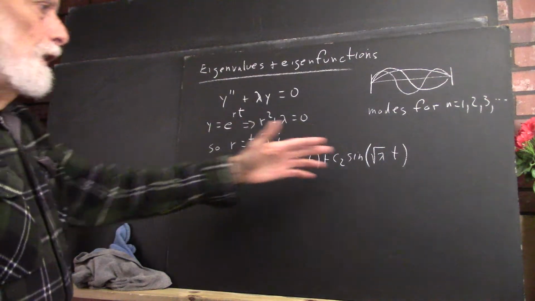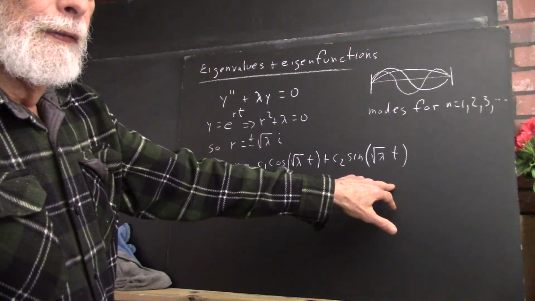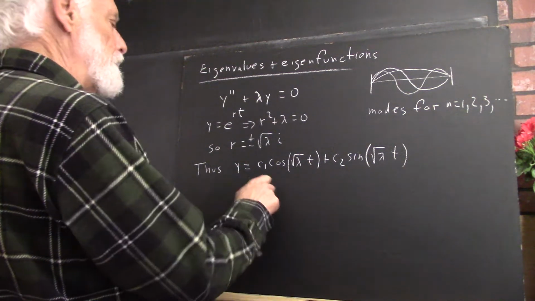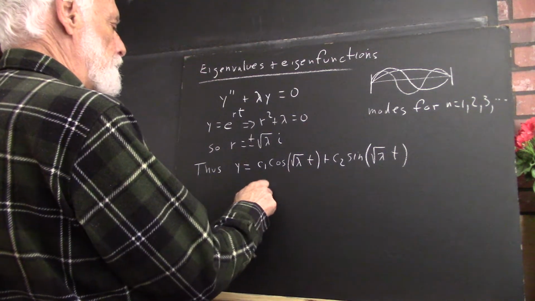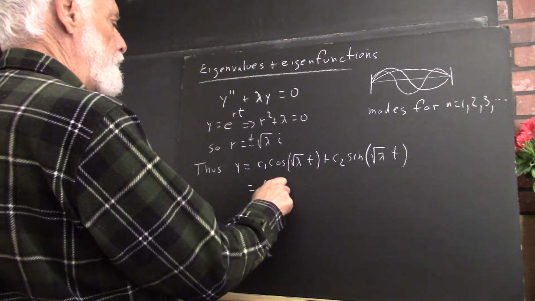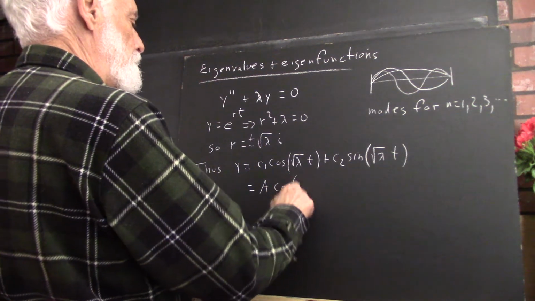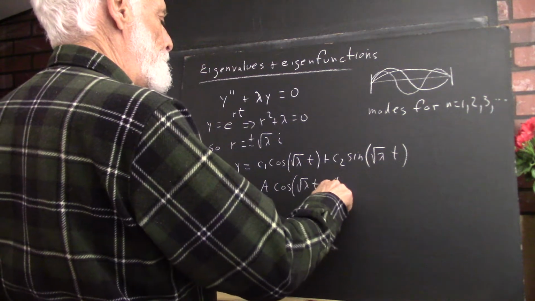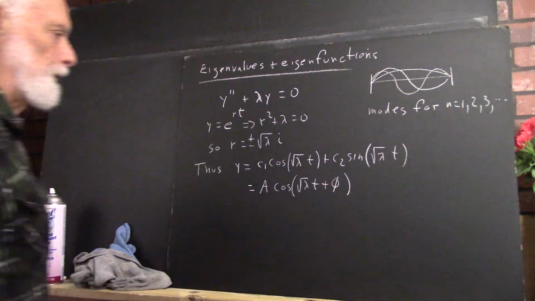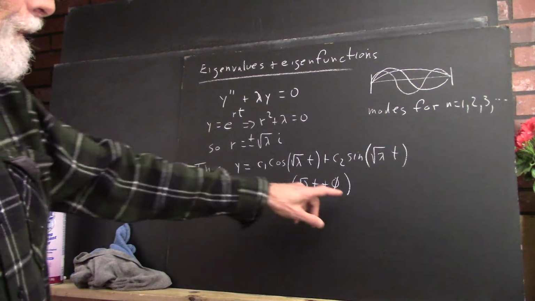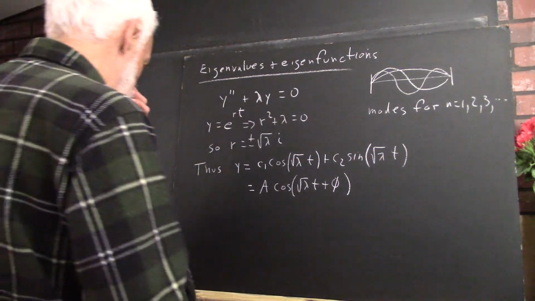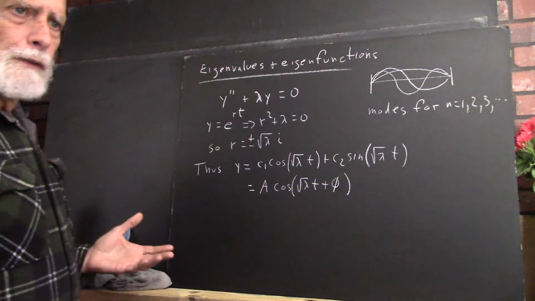So we have a linear combination of the sine and the cosine. And of course, if we want, we can write this as a cosine of square root of lambda times t plus phase phi. Okay, now, that's our general solution.